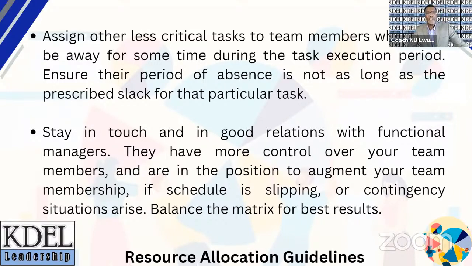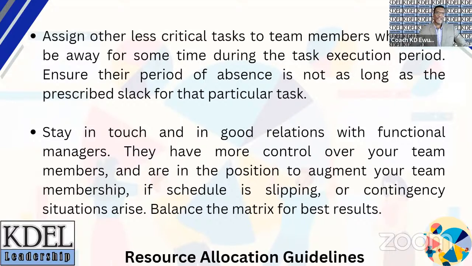You also want to stay in touch and in good relations with functional managers. I say that because they have more control over your team members. They're in the position to augment your team membership, especially if your schedule is slipping or contingency situations arise. You want to balance the matrix for best results. What do I mean by that?